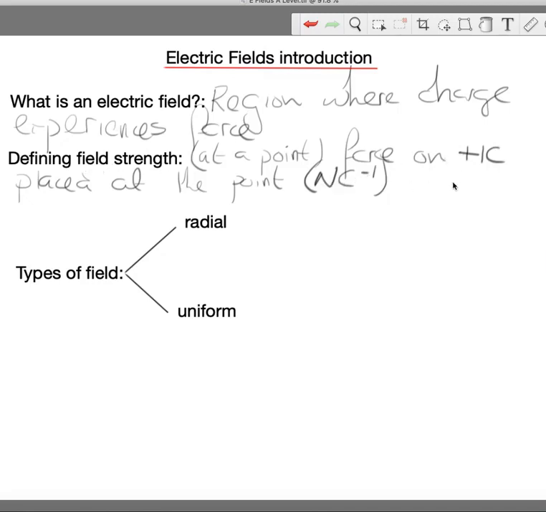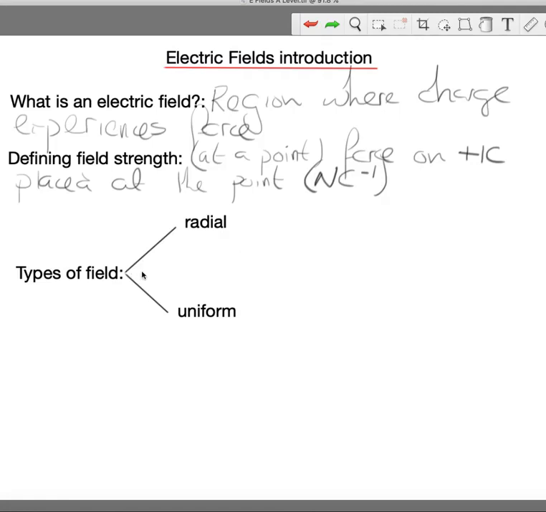If we don't say the field strength is the force on plus 1 coulomb, then we're being a bit vague. We could have said minus 1 coulomb, but the convention was plus. So that is the definition of field strength in an electric field.